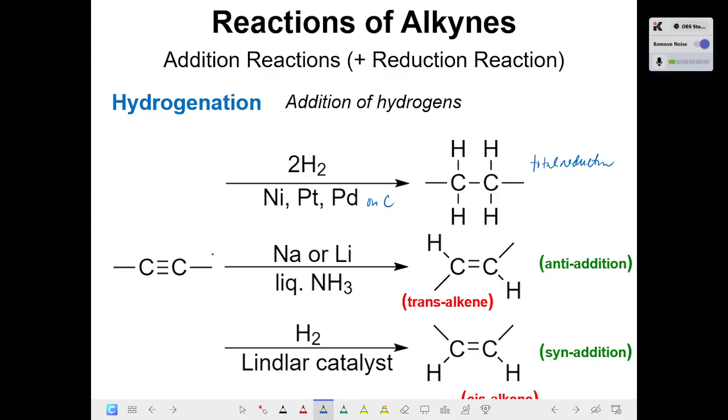When say total reduction from an alkyne, mag-proceed siya into becoming an alkene, and then eventually it will become an alkane here. So that's why it's called a total reduction. Nagkaroon ka ng from triple, it will become all single bonds here.